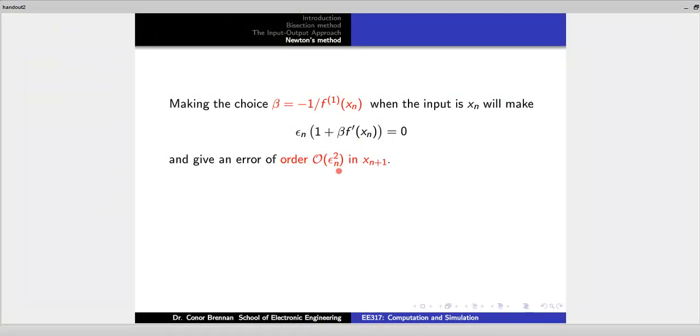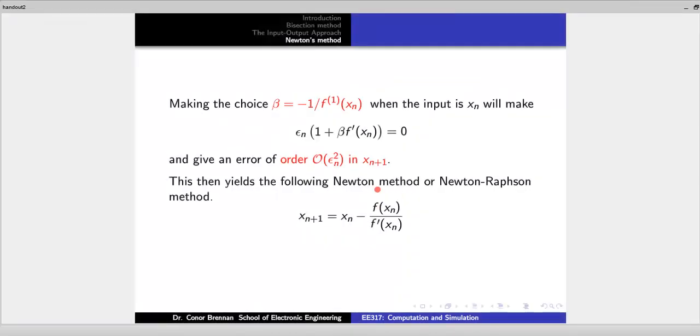So it was epsilon n, which was a small number, 0.1 or so. It becomes epsilon n squared, which is 0.1 squared, 0.01, even smaller. And we can do this because we can make beta equal this, because we know x n, it's our present estimate. Good. And when we do that, we get the Newton-Raphson method.